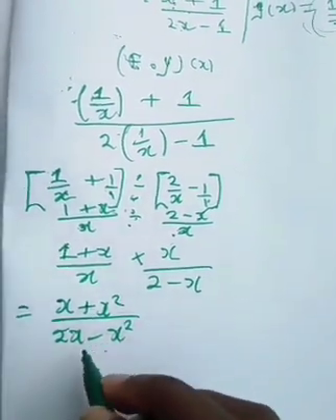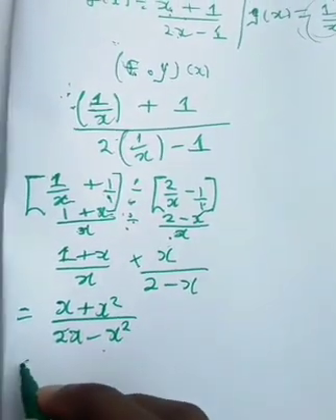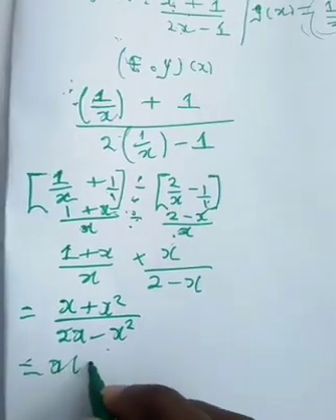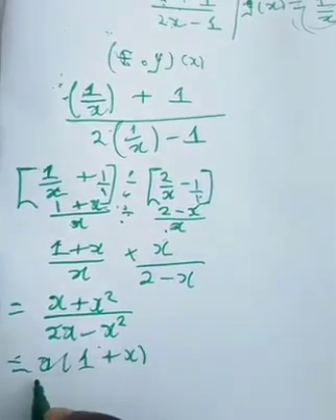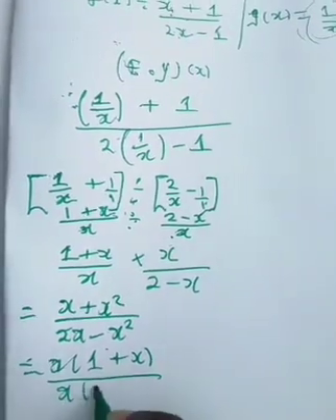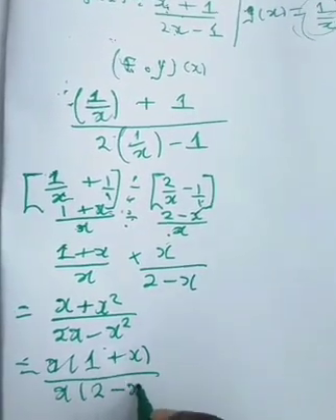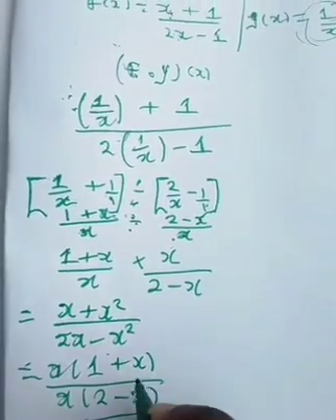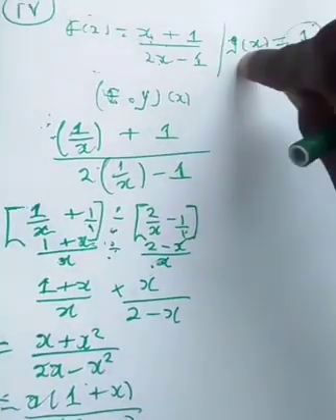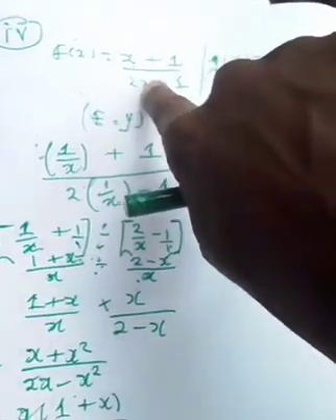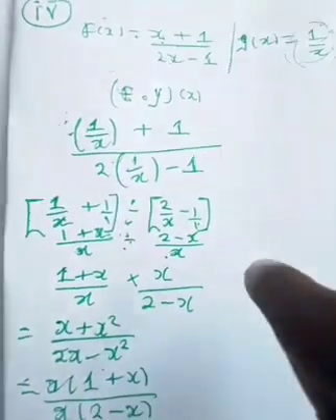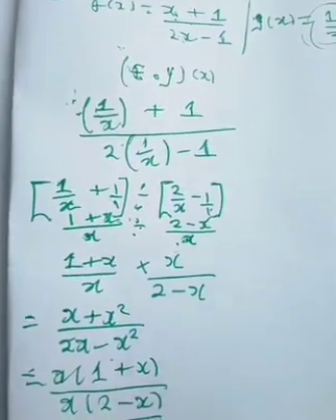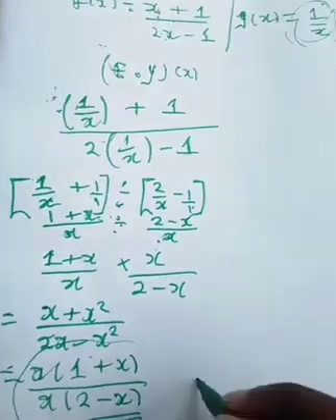If you want, you can even factorize this, or you can at least leave it like this. I think it makes much more sense. But either way, your job is just to do this: where there is x in f, substitute the whole function of g and simplify. This is a composite function.